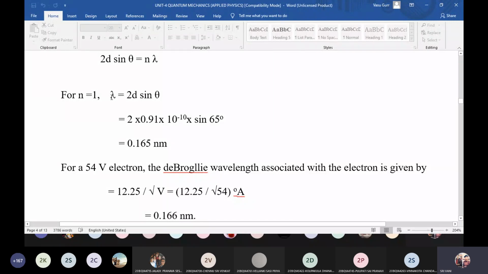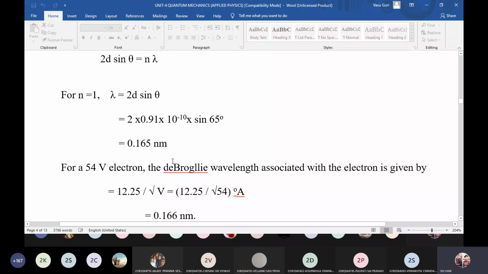So the wavelength of the electron beam in this Davisson-Germer experiment is 0.16 nanometers. This indicates that the electron is behaving as a wave. Electron is matter, that is a particle. It is originally matter, but it exhibits wave nature also. That is, they tested practically the wavelength of the electron beam.